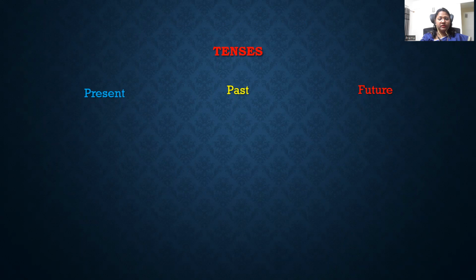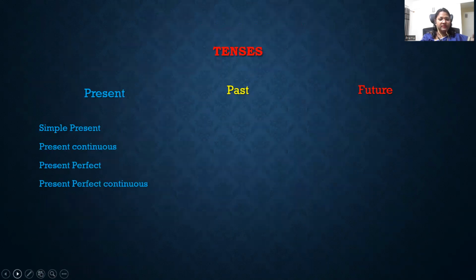As we know, we have three different types of tenses. What are they? Present, past, and future. Present can be divided into four, and past and future can also be divided into four types. What are the four types of present tense? Simple present, present continuous, present perfect, and present perfect continuous.